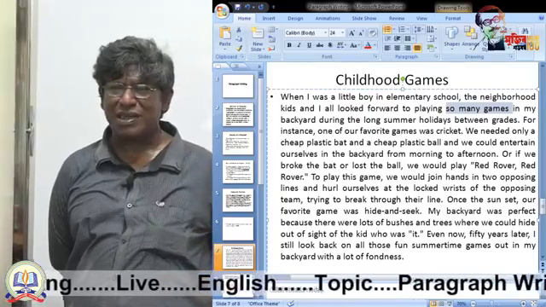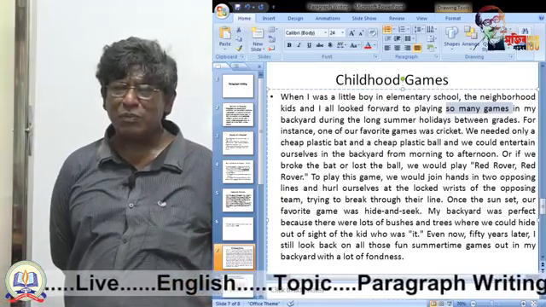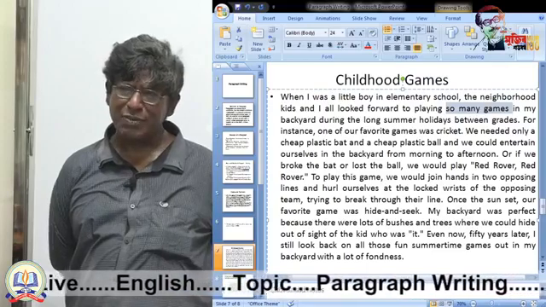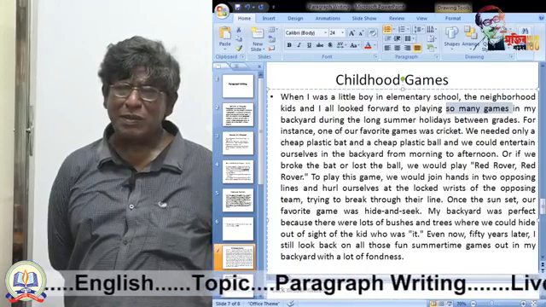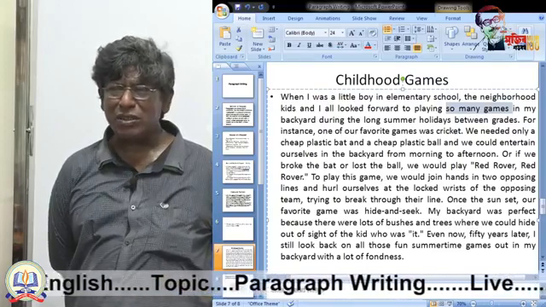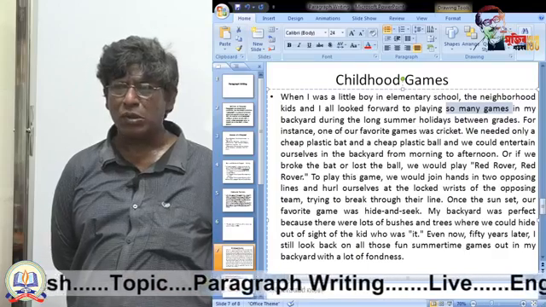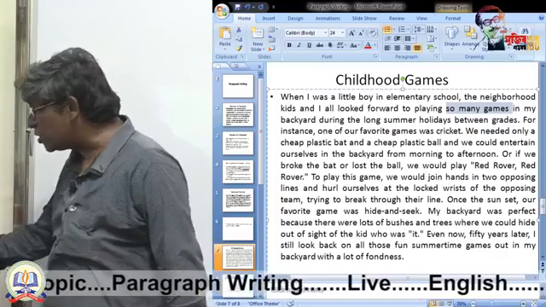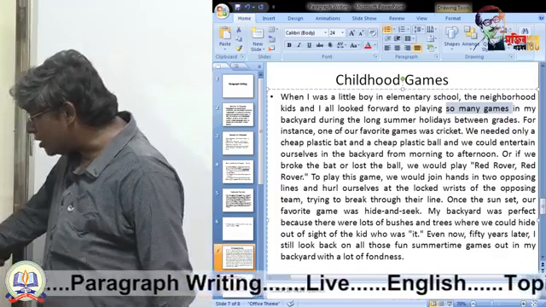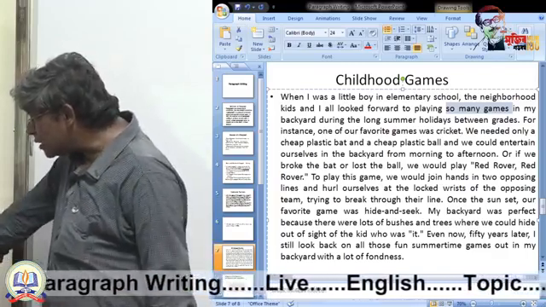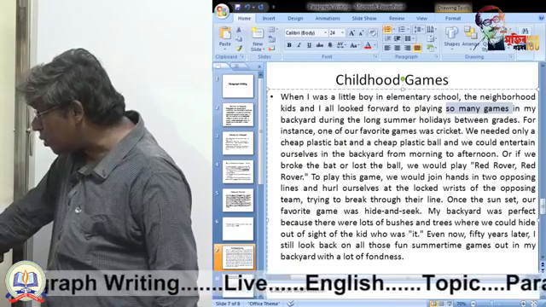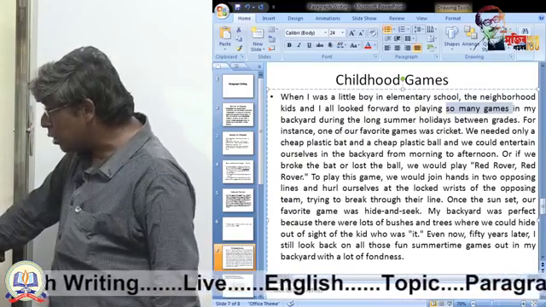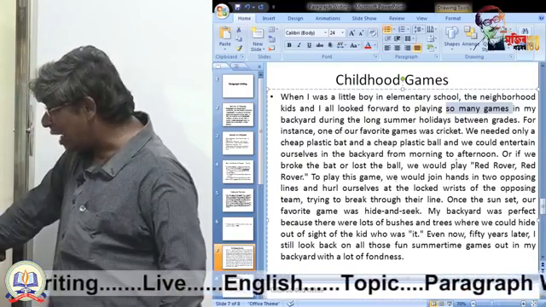He has given us the examples of 3 games he played with his friends in the childhood, and he uses a prepositional phrase, for instance. This type of phrase is required when you write a guided paragraph.